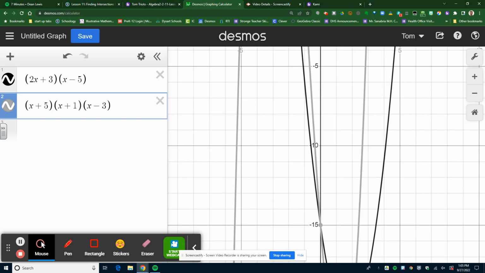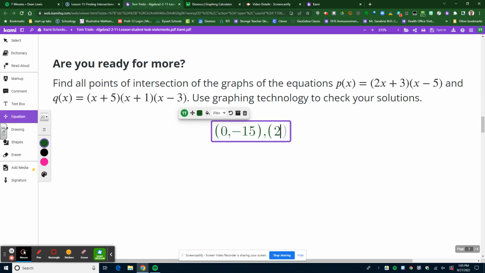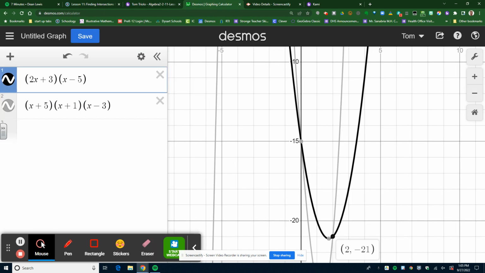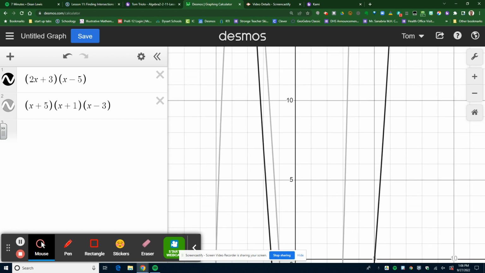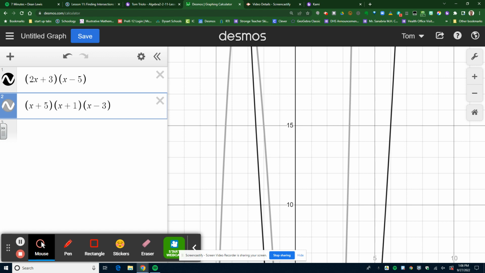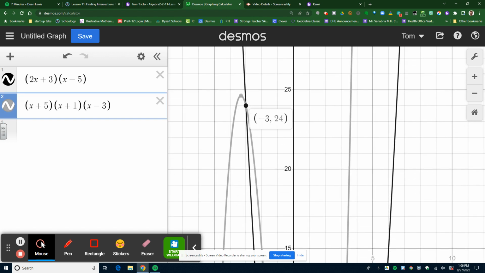All right, let's see what the other ones are. So is any more down here? Oh, look at here. 2, -21. So 2, comma, -21. And then I can kind of see, if I come back up here, they're both heading up. They're getting a little closer. And there's my third one.